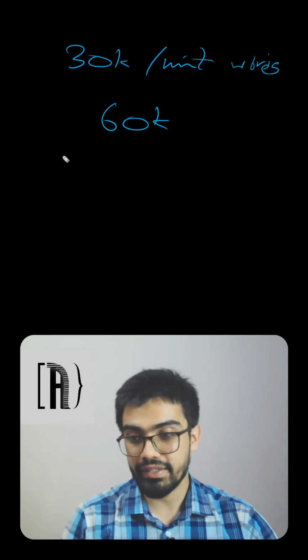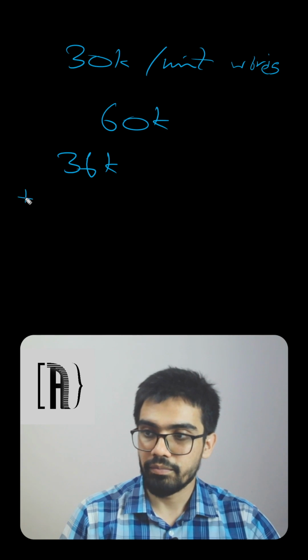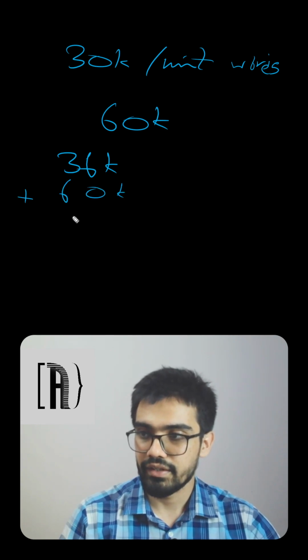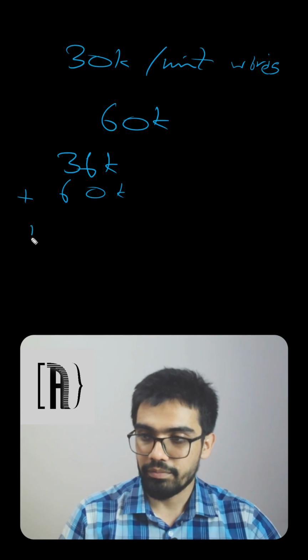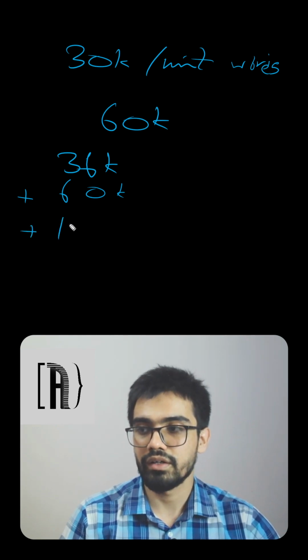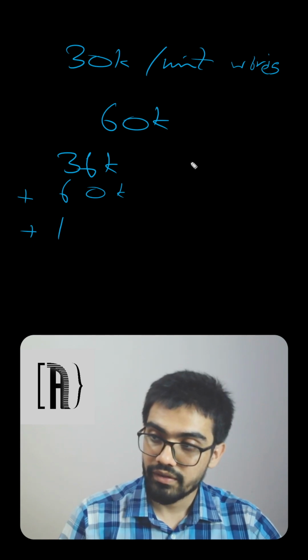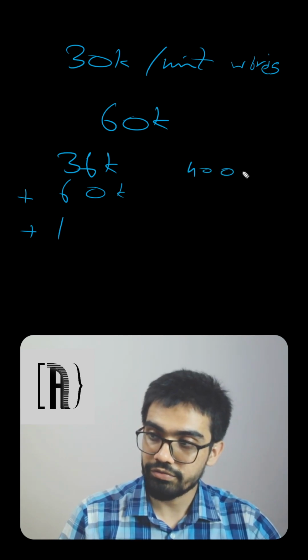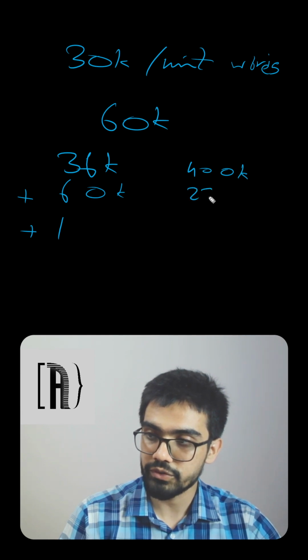So the total amount of money that I've saved is 36K plus the 60K, that is 96, plus one, how much was that? So it was costing 400K and I proposed 270K.